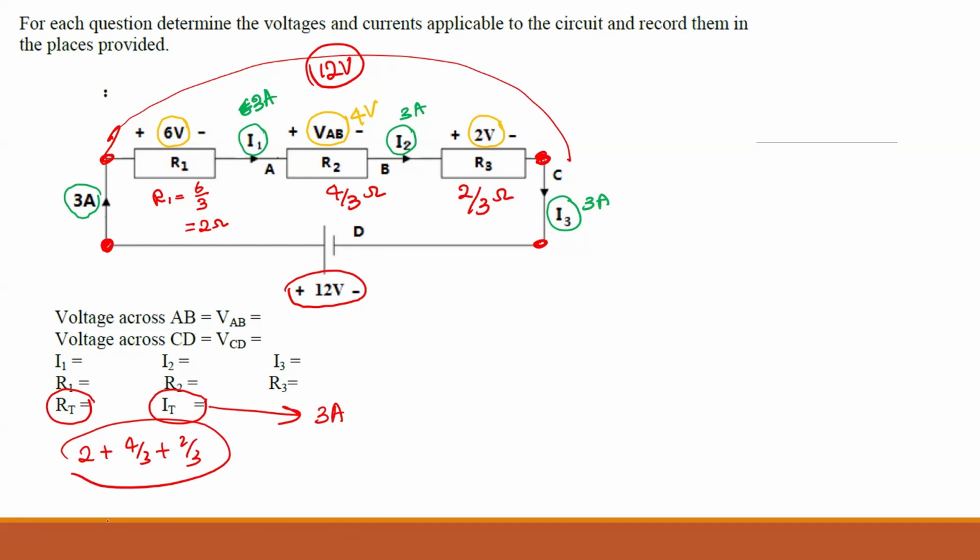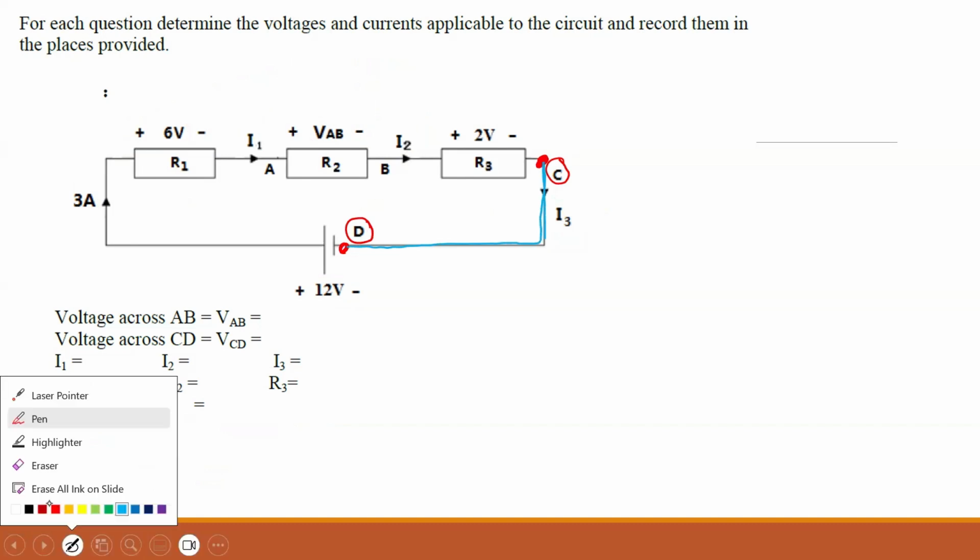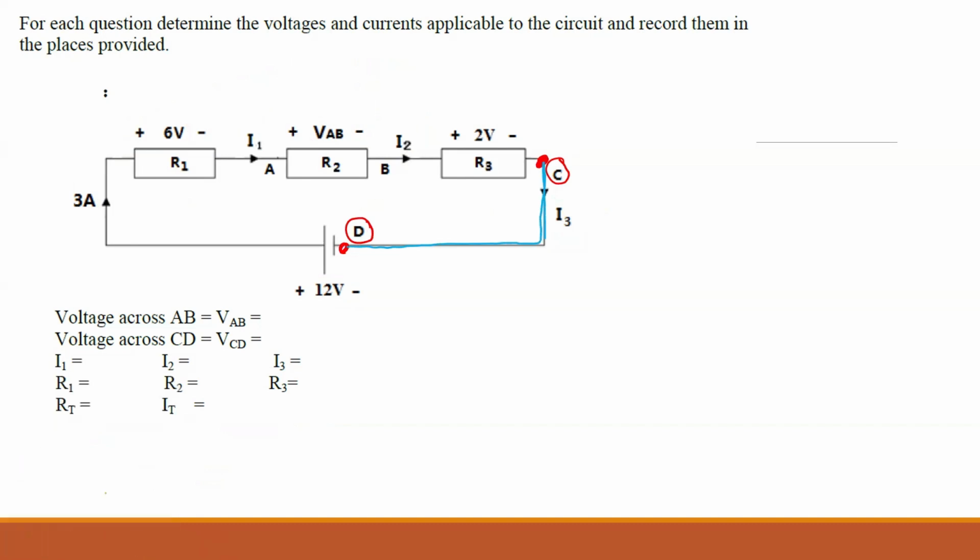AB we found 4 volts. CD, how do we find it? I'm going to delete this. Okay, D is here, C is here. How do we find the voltage from this point to this point? You can either add all the voltages in this way, or add all the voltages from here to here.